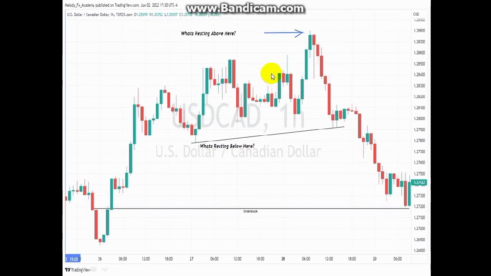Okay, so now going down further, what is resting above here? As we can see, we have external range liquidity and internal range liquidity. Now price trades down into our order block, although it's missed by a few pips, but your broker spread would have definitely tapped you in. You would have had a limit order right at the high of this order block.